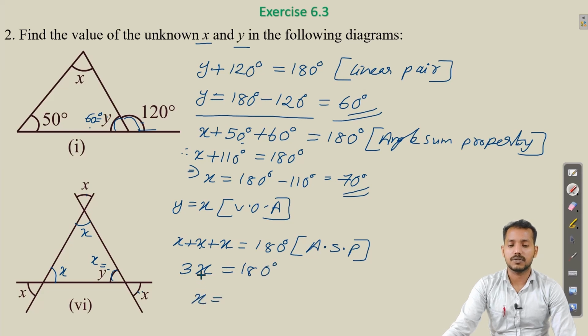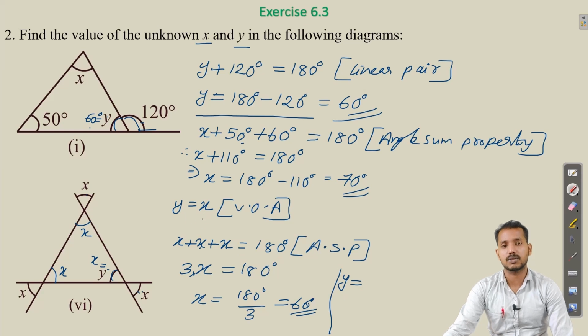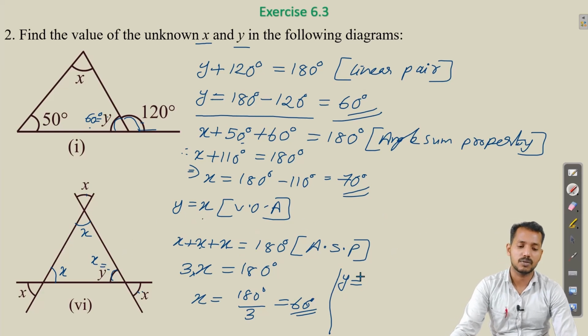Now separate this 3 from x. So for that, transpose this 3 from LHS to RHS. So 3 multiplied to x will become divided by 3, which is equal to 60. As x equals 60, then what can you say about y? y is equal to x, already we have that, means both values are the same. y is also 60. Very simple.